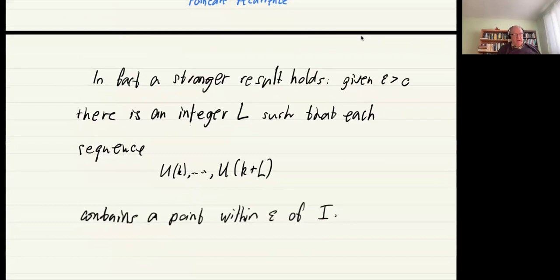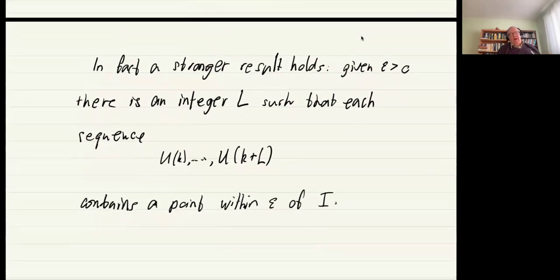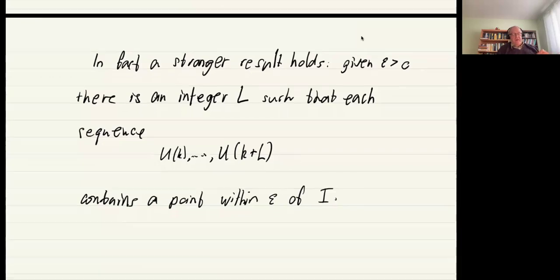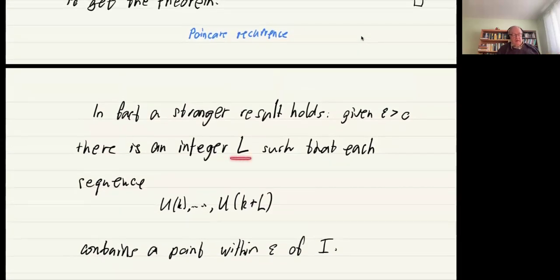The other comment is a slightly stronger result. This is like saying if you have a random walk on a line, you return to the origin, but the average return time is infinite. But that's not what's going to happen in this case. So in fact, there's a slightly stronger result. If you give an epsilon greater than 0, there's an integer L such that each sequence of L plus 1 terms contains a point within epsilon of the identity.